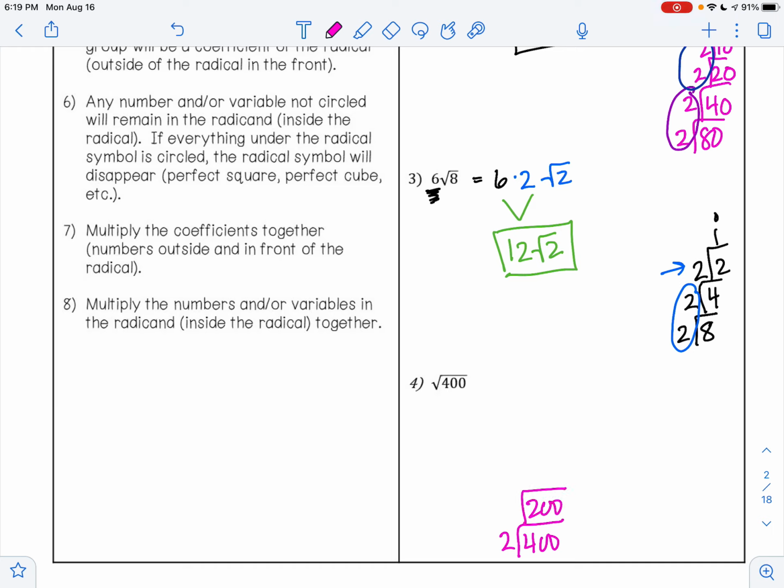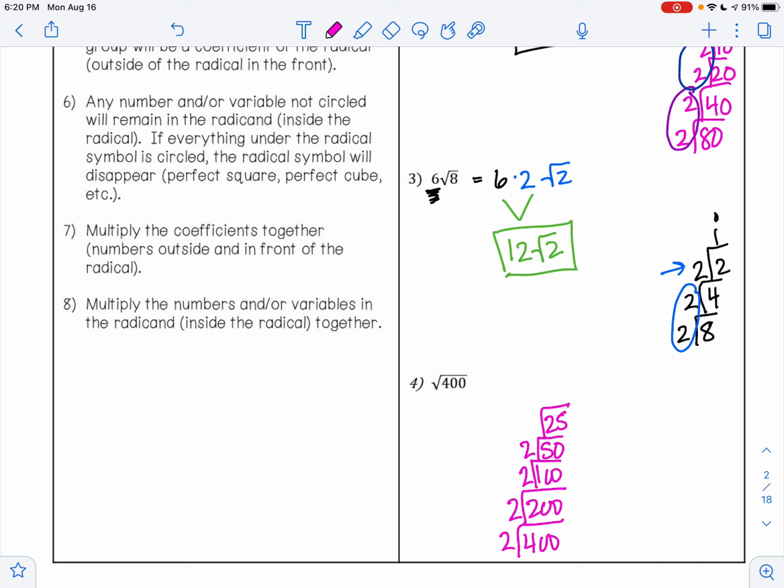The smallest prime number that goes into 200 is 2. 2 goes into 200 100 times. The smallest prime number that goes into 100 is 2. 2 goes into 100 50 times. The smallest prime number that goes into 50 is 2. 2 goes into 50 25 times.